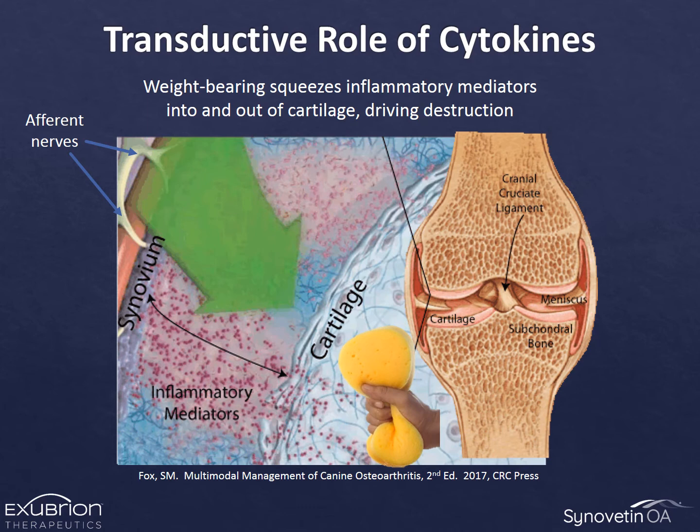Resident synoviocytes respond, like macrophages, producing additional mediators that are released into the synovial fluid. Additional weight bearing then forces these new, as well as the resident synovial fluid-bound mediators, back into the cartilage and so on. And so it is that the worse it gets, the worse it gets. An optimal treatment agent would target this process as a mode of action.